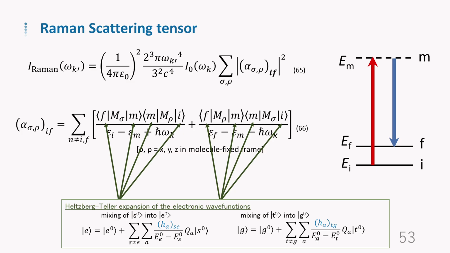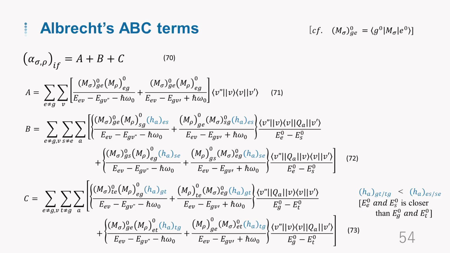The denominator is smaller in the case of E_E minus E_S than E_G minus E_T. So this mixing term is larger than this mixing term. So typically, A has the largest contribution, B is the second largest contribution, and C is negligibly small in most cases.